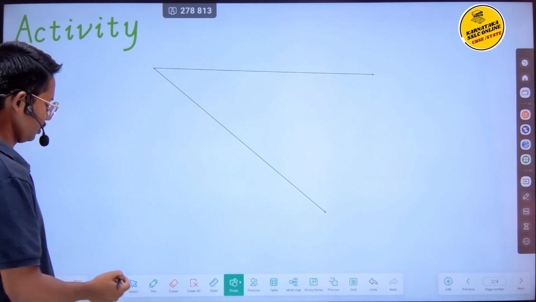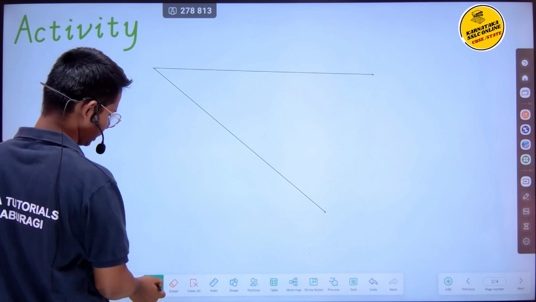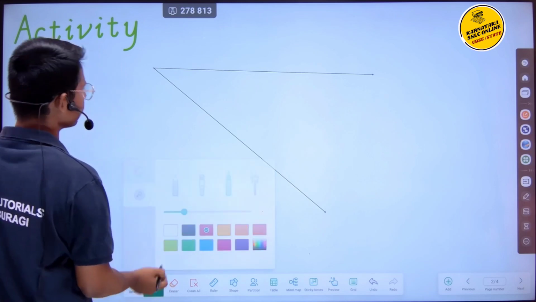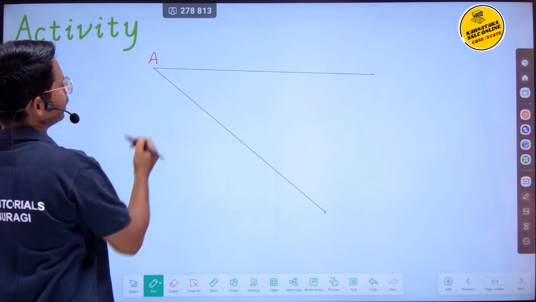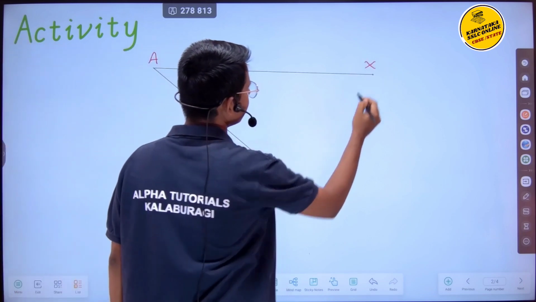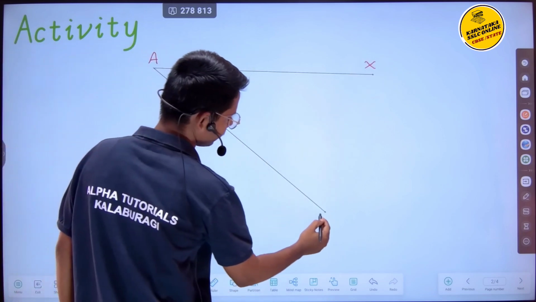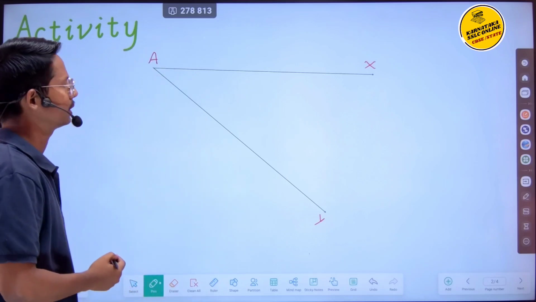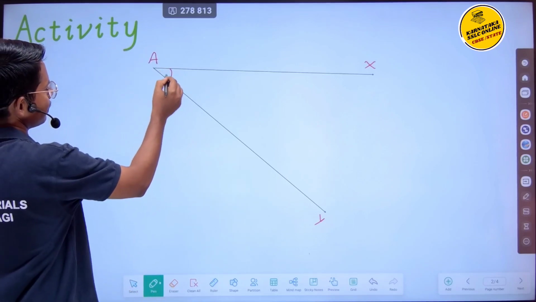Let me say AX is a ray and AY is also a ray which makes some angle here.